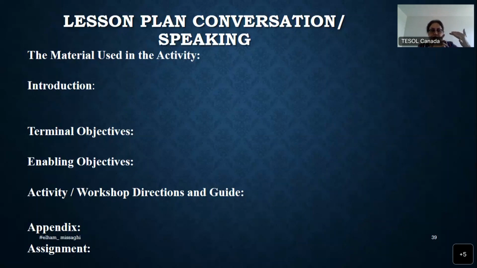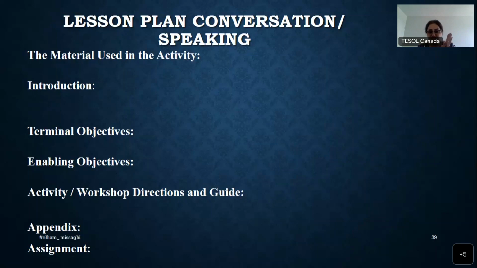Experience, for example, skills, management, some new words they need to learn. Functions, grammar, present perfect, pronunciation, intonation. You write everything. Listening skills, speaking skills. So that is enabling objective.